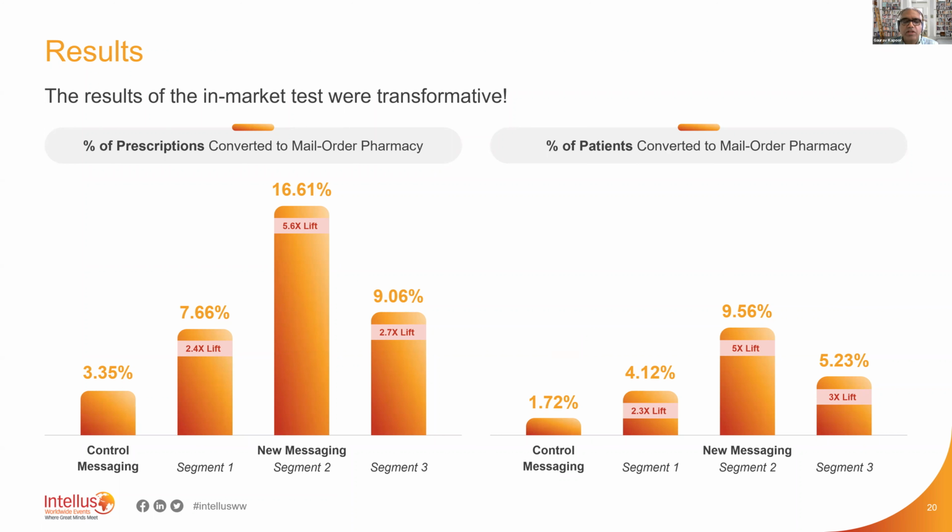Either way, it was very significant how much improvement was achieved by appending heuristics to their segmentation, writing messages to the heuristics, creating heuristics-based messaging campaigns, and then executing that in the marketplace. So hopefully this is an example to demonstrate how this all comes together.